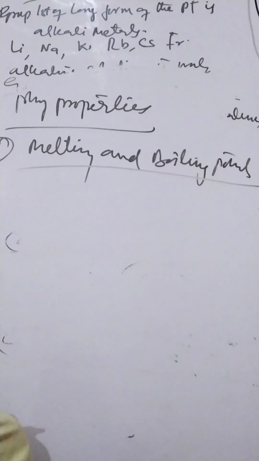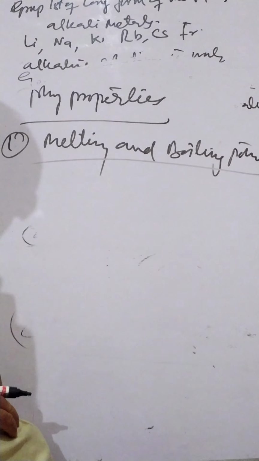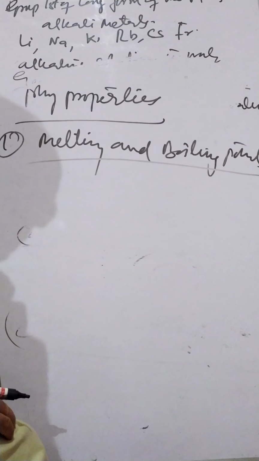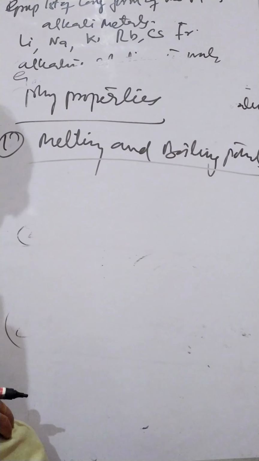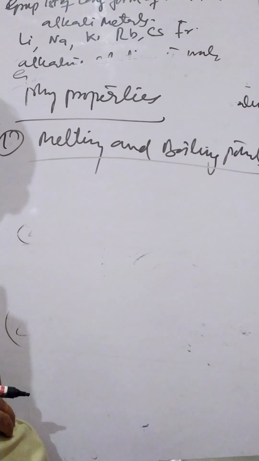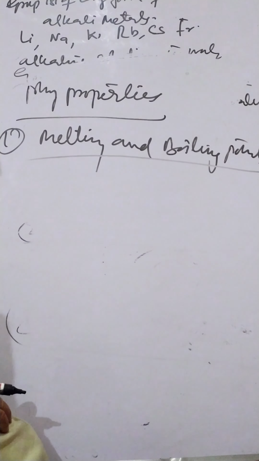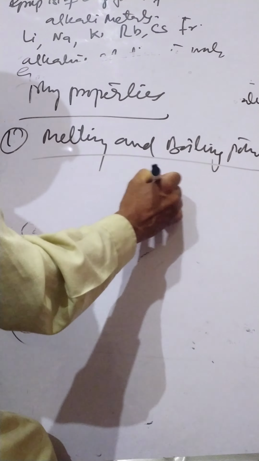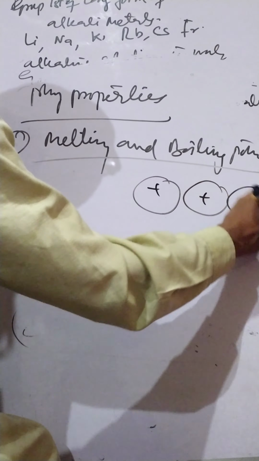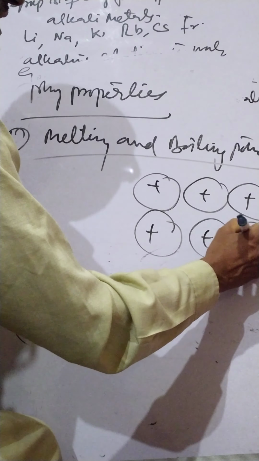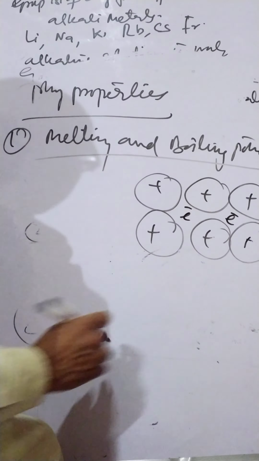Here also, the melting and boiling points of alkali metals are lowest in their respective periods, when we compare them to other metals. This is because they have only one electron in the outermost shell, which they lose in order to attain the noble gas configuration. When these metals lose electrons, they form kernels, and the electrons form the metallic bond.